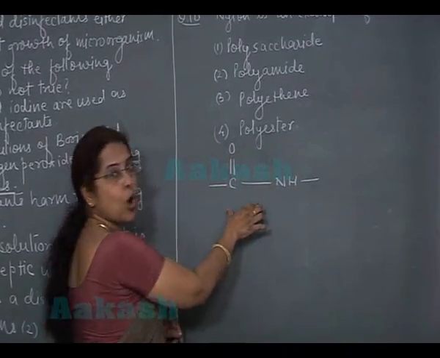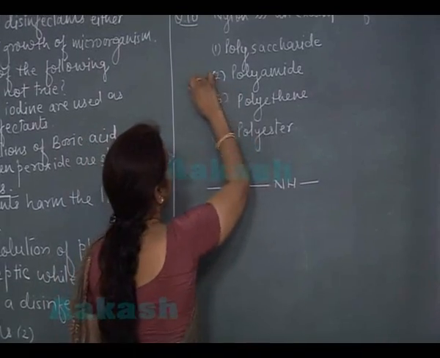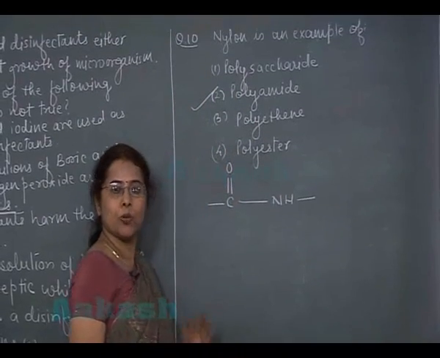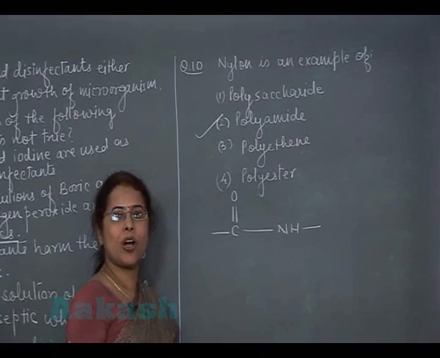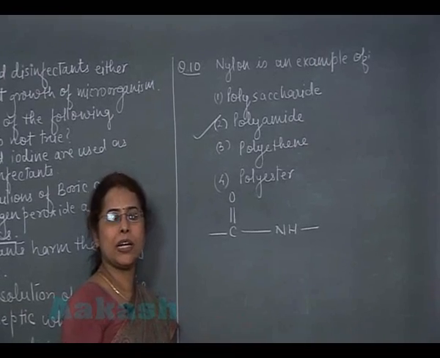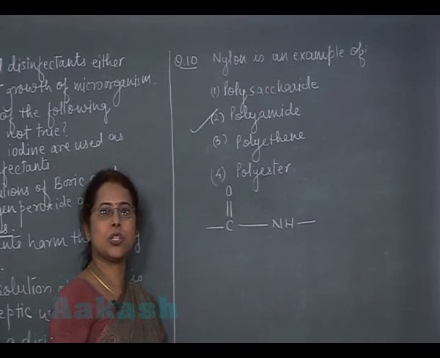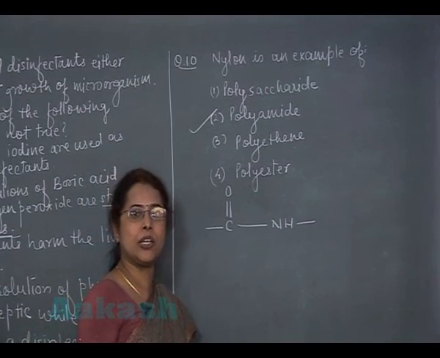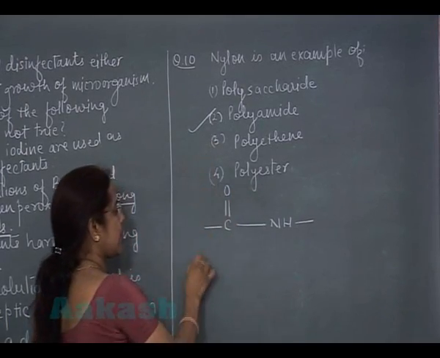This linkage is called amide linkage. It means nylon is an example of polyamide. Polythene is a polymer of ethene. There is no functional group, so no amide linkage can be present in the polythene. Similarly, polyesters, they contain ester linkage. So answer cannot be polyester, and answer is second option.